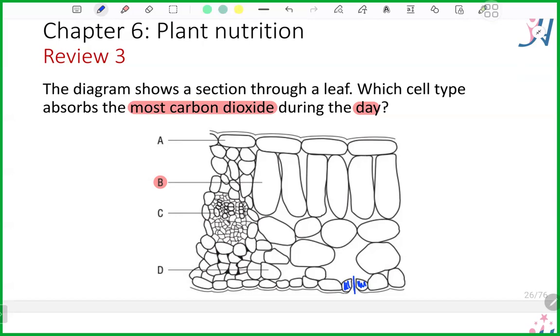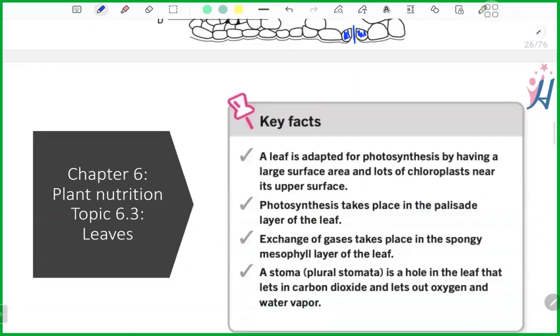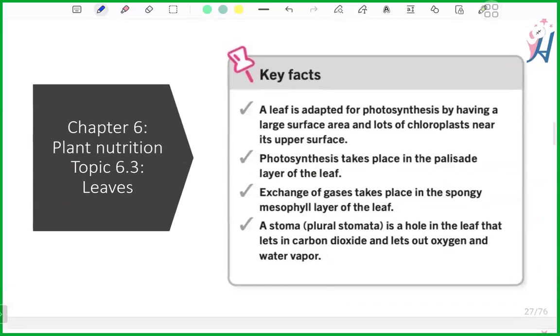Okay, so this would be the end for today's lecture video, where we focus mainly on the equation, or let's say the process of photosynthesis. So just to remind, photosynthesis is the process of manufacturing glucose or carbohydrates using light energy. So the equation would be carbon dioxide plus water gives glucose and oxygen.